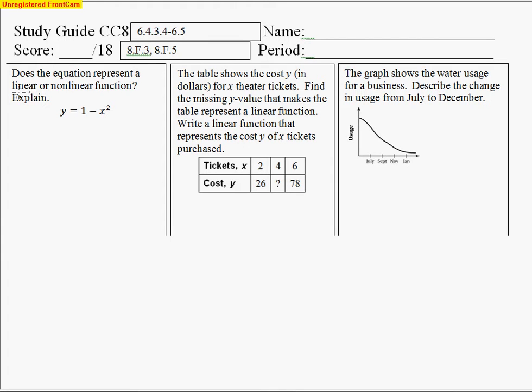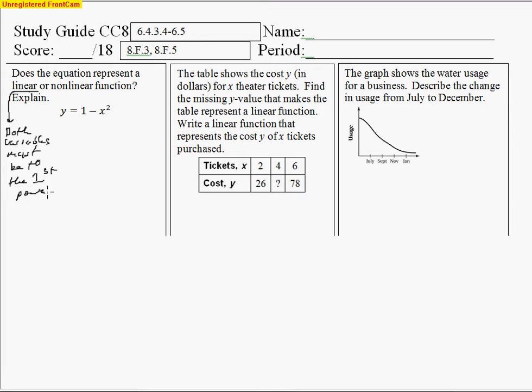Whenever something is linear, it means it's a line. A linear equation is in two variables, so both variables must be to the first power. That's what I'm looking for here.